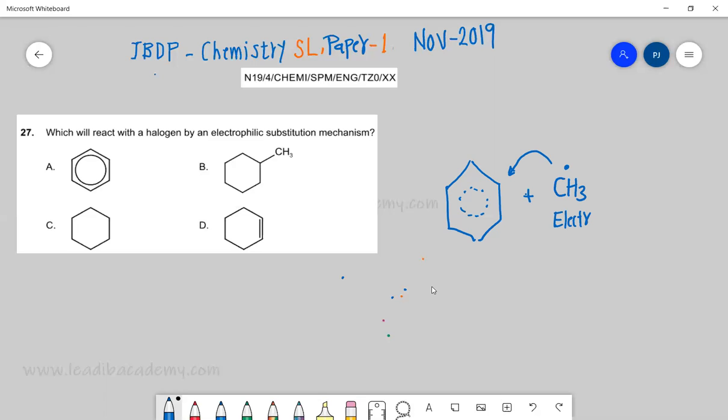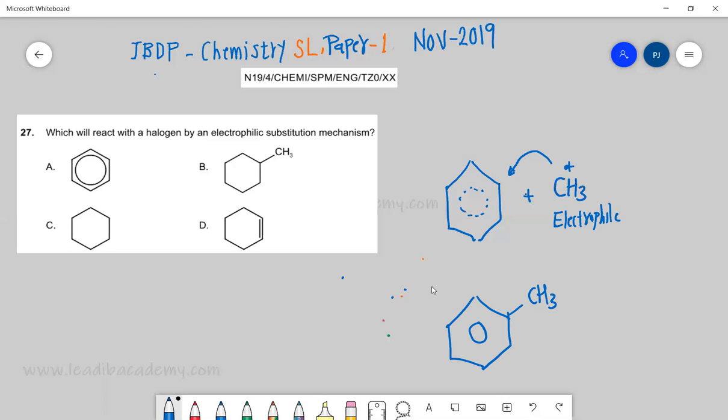So this is an electrophile, or it can be any plus radical. The electrophile will come and attack the benzene ring because benzene has a lot of pi electrons, or delocalized electrons. So we can get such a compound. This is basically electrophilic substitution. That means one of the hydrogen atoms is getting substituted by the electrophile.